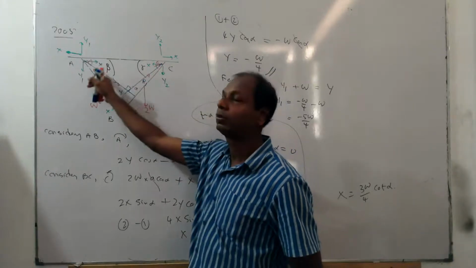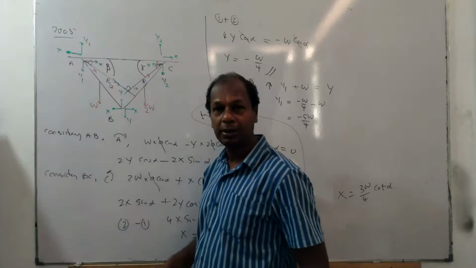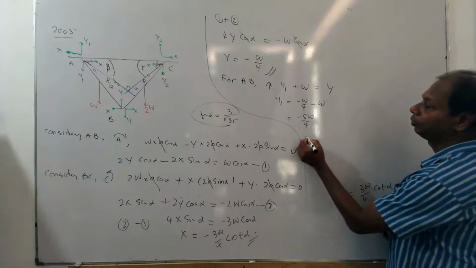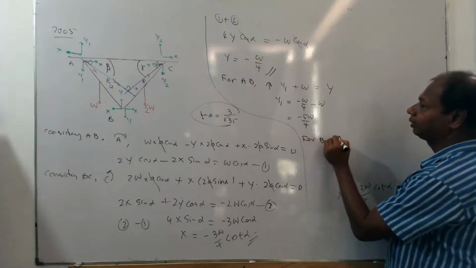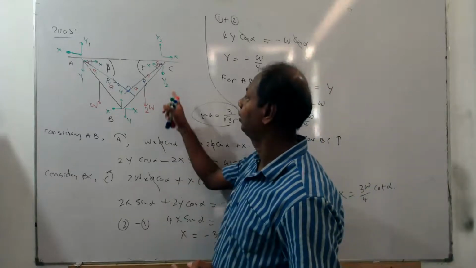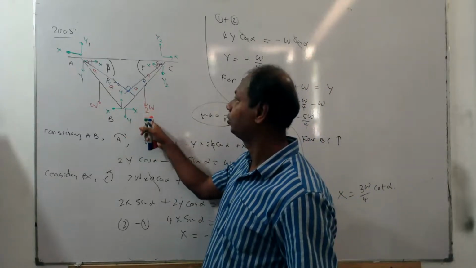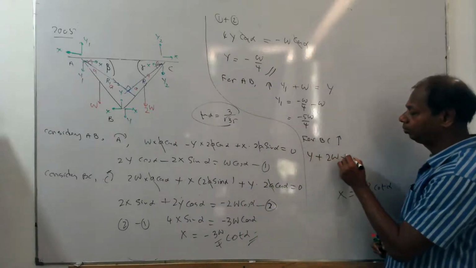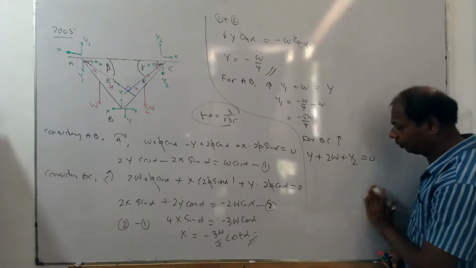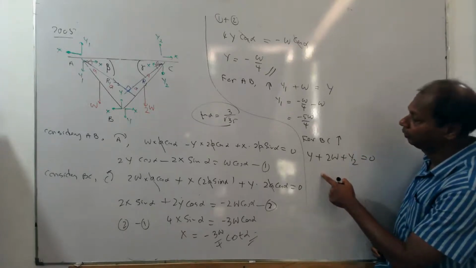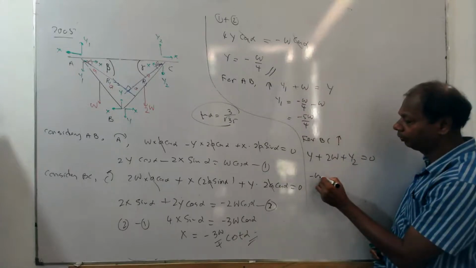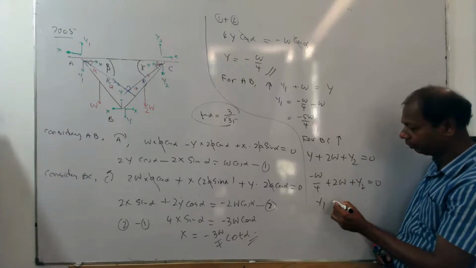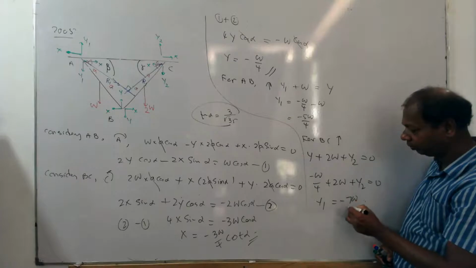Knowing x, y1, y2, we can find these angles, tan beta and tan gamma. For BC resolving vertically, you get all in the same direction. y plus 2w plus y2 equals 0. So y is minus w over 4 plus y2 equals 0. So y2 is equal to minus 7w over 4.